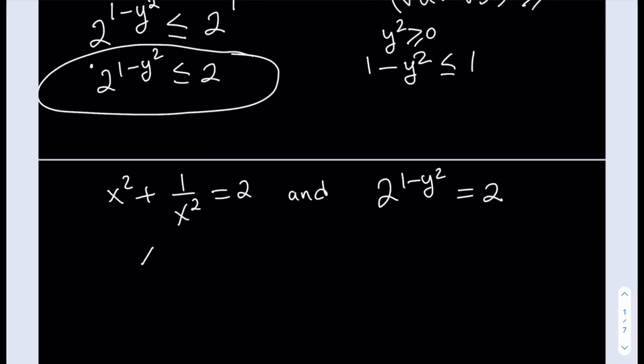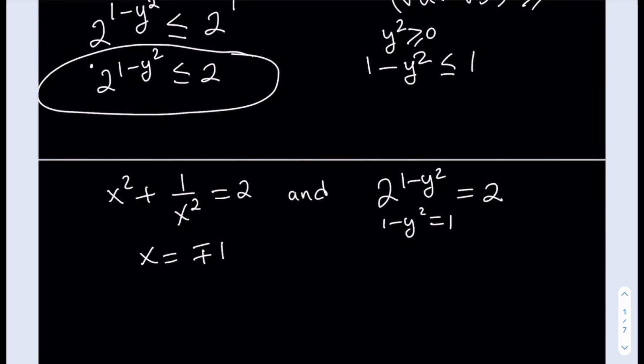Now, this should be fairly easy to solve, right? You can get x equals plus or minus 1 from here, because the sum of which number and its reciprocal is equal to 2? The only number that satisfies is 1. But since x squared can be 1, then x can be plus or minus 1. And from the second equation, we get that 1 minus y squared is equal to 1, meaning that y squared is equal to 0.